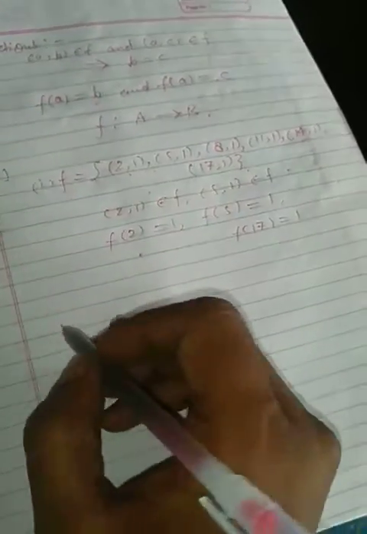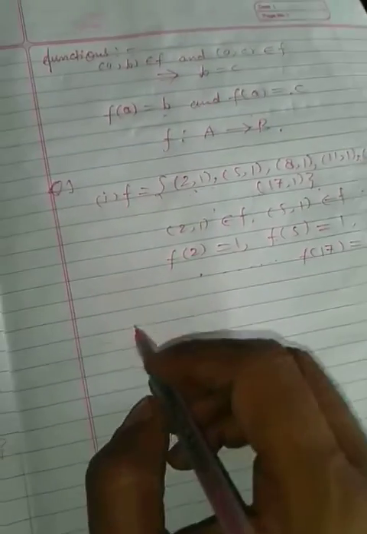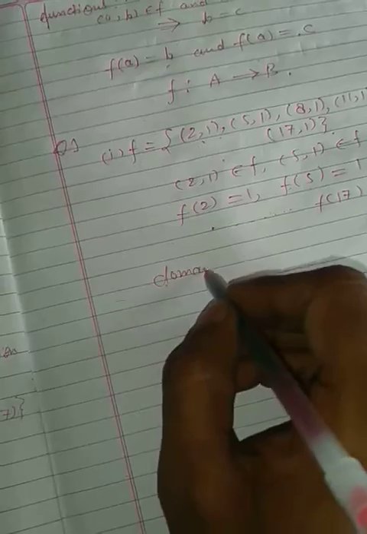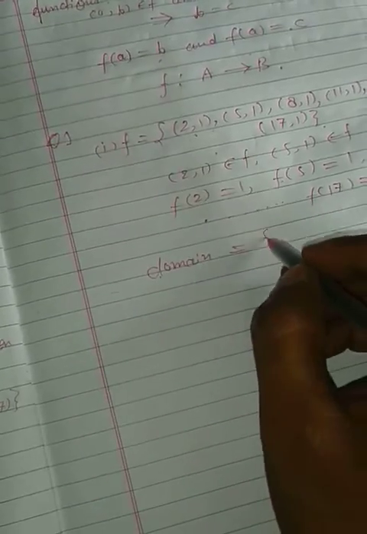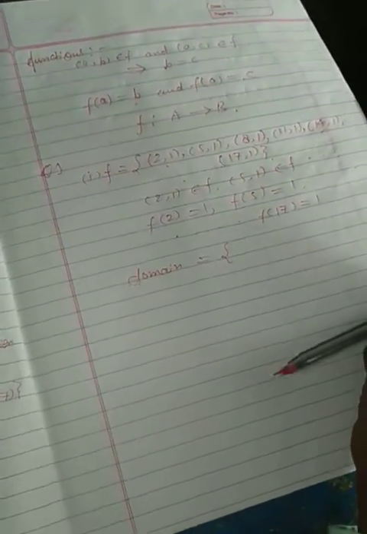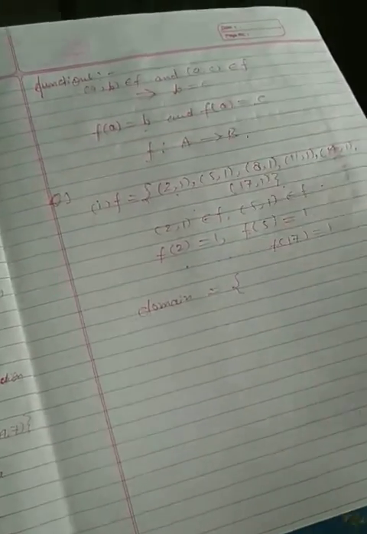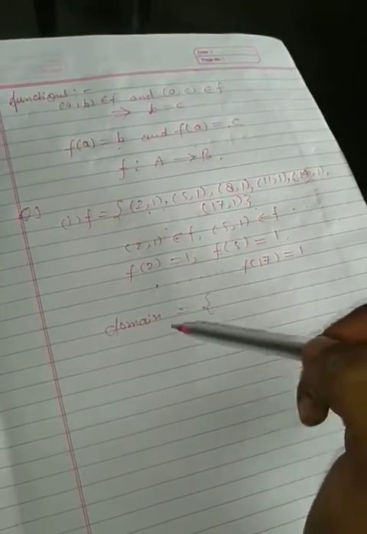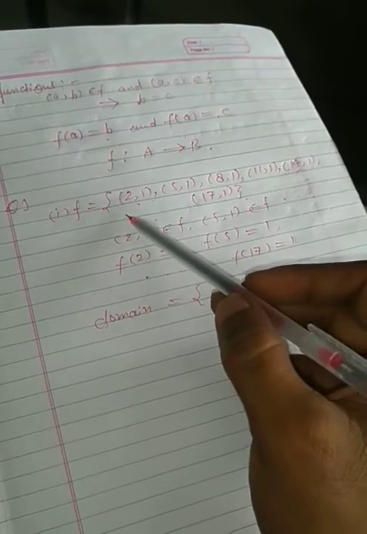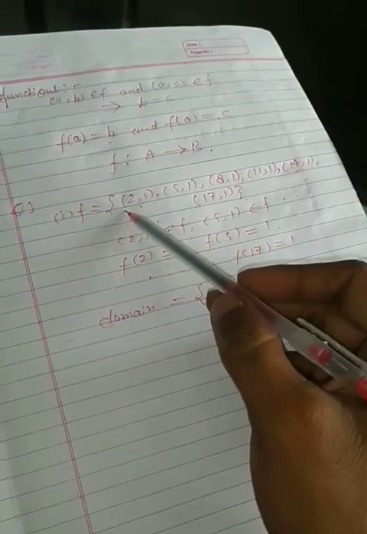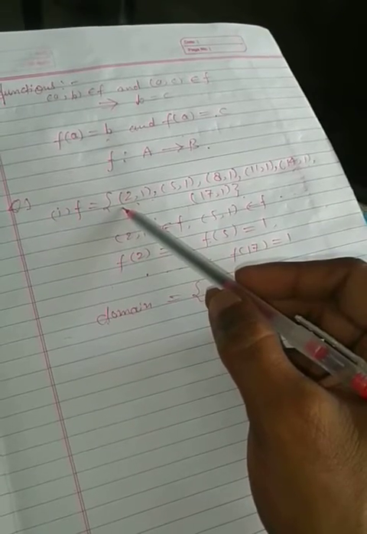The question also says that if it is a function, then find the domain and range. What is the domain? We explained domain in previous videos, in the chapters on sets and the Cartesian product of sets. The first members of the ordered pairs are known as the domain.